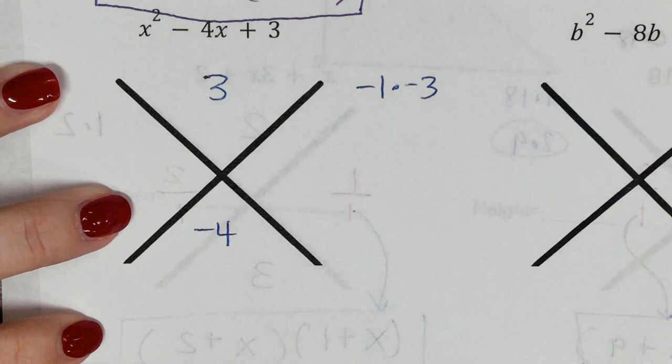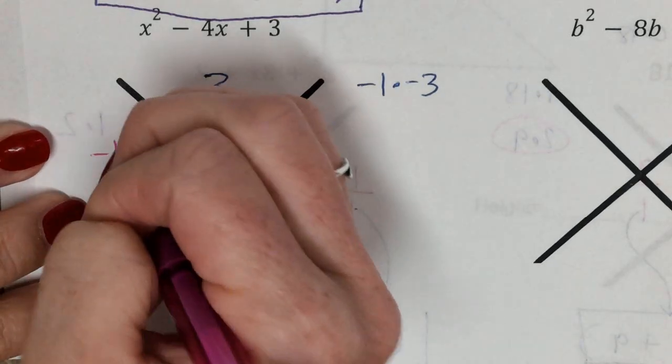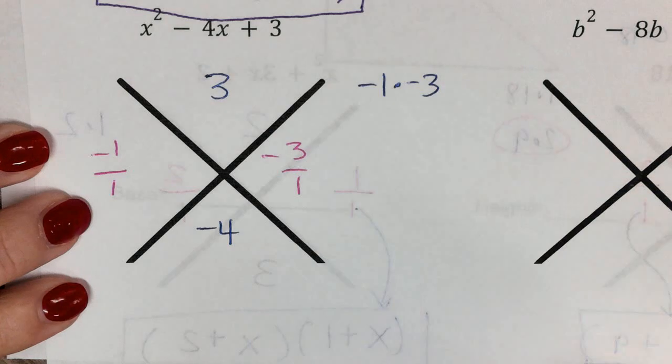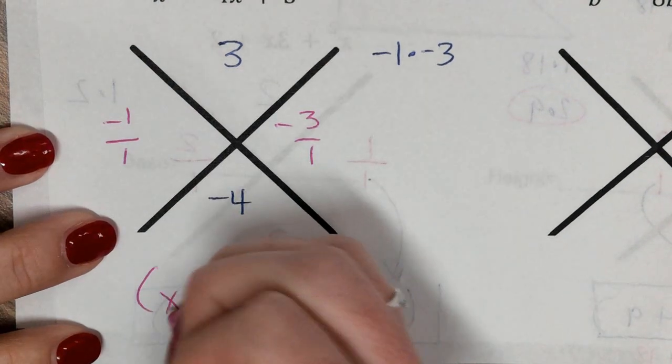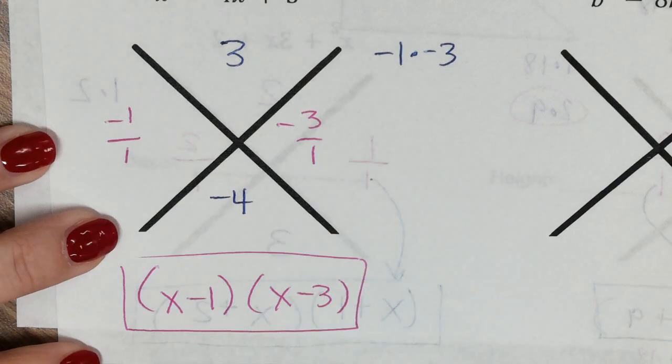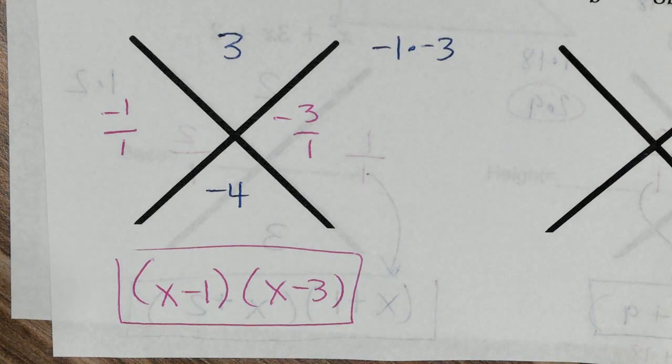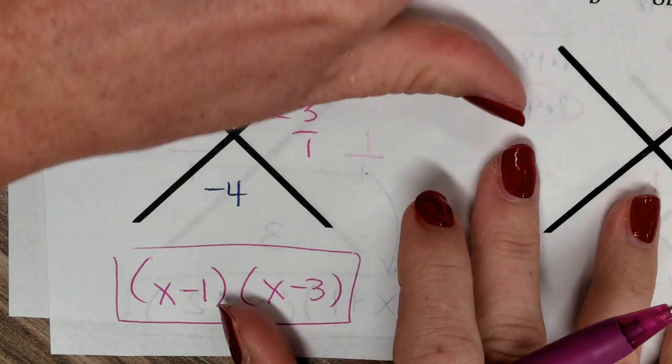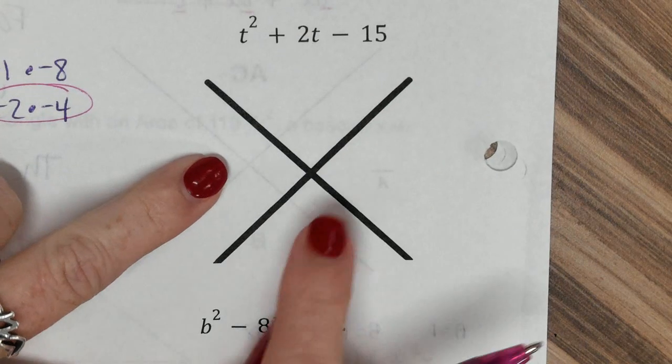Did y'all get negative 1 times negative 3? So negative 1 over 1, negative 3 over 1. So x minus 1 times x minus 3. Yes? Yes. Questions?